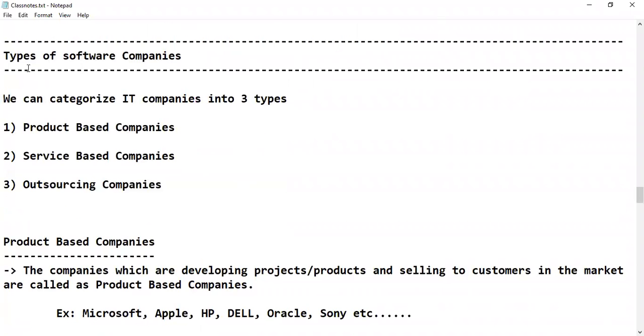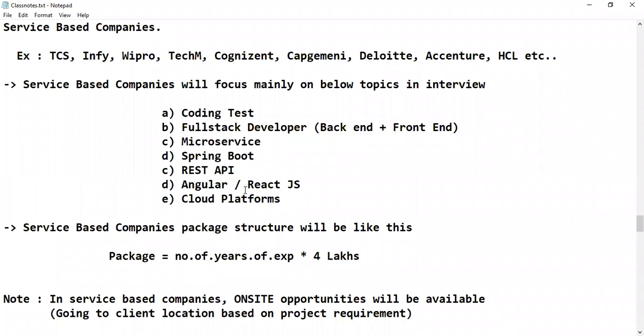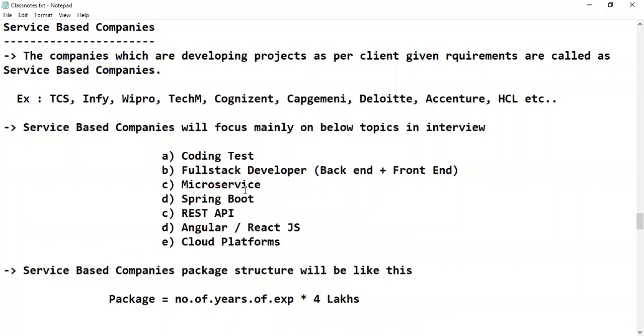So today we are talking about types of companies: product-based company, service-based company, outsourcing company. Tomorrow, when you apply for a job, if you get a call from TCS, which topics do you need to prepare for the interview? Can you tell me which topics you need to prepare for a TCS interview?